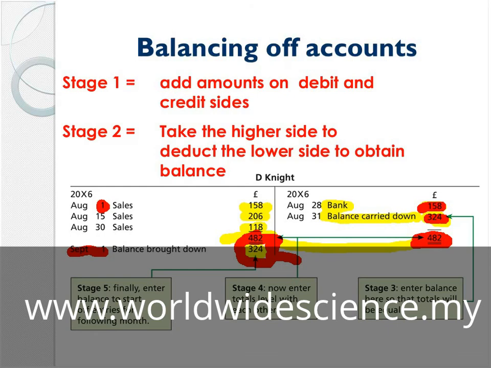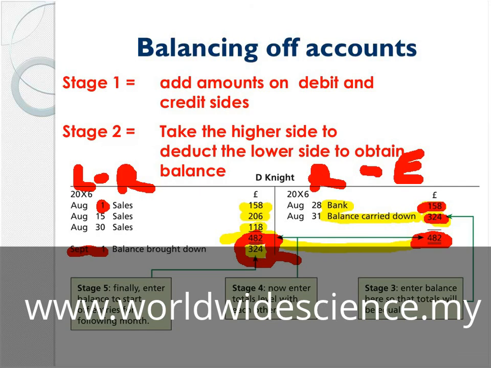This left side shows our revenue, and the right side shows expenses. And then we have the bank loan for 158, and we have the balance carried down.